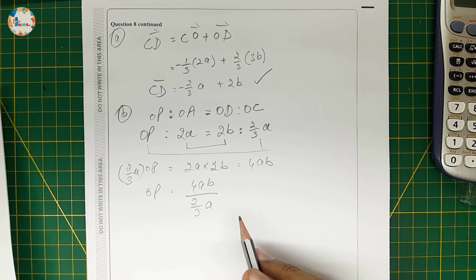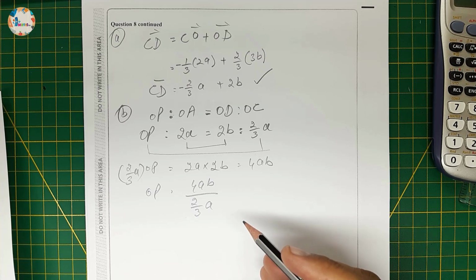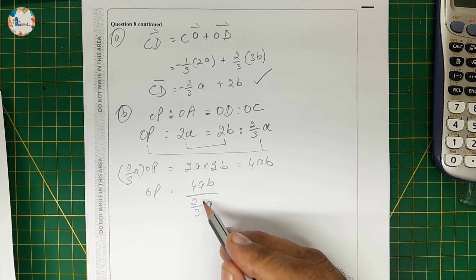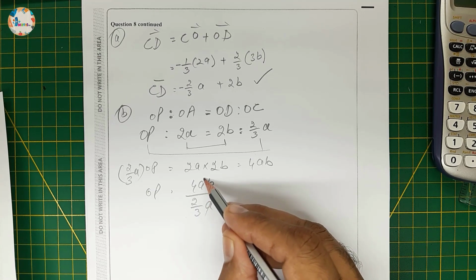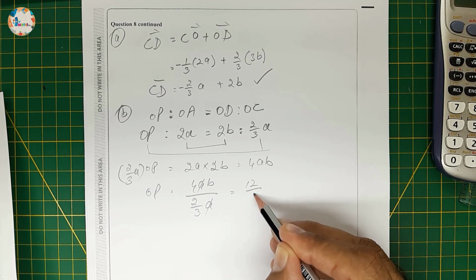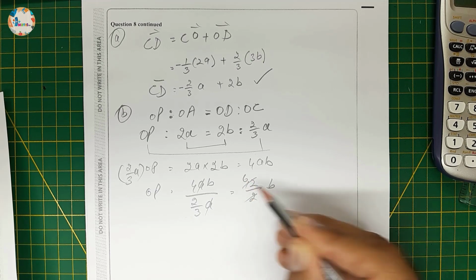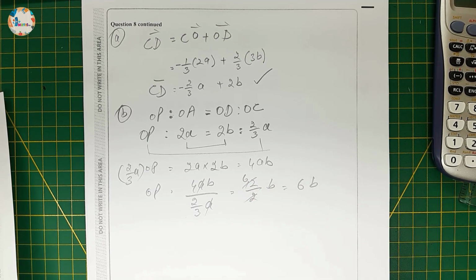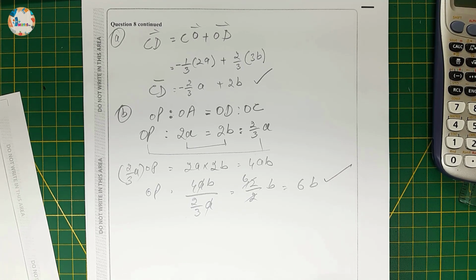Now we can cancel this: the a cancels with a, so this will be 12 over 2b, which cancels to 6, so this will be 6b. So OP is equal to 6b. This is what we have calculated for part B.